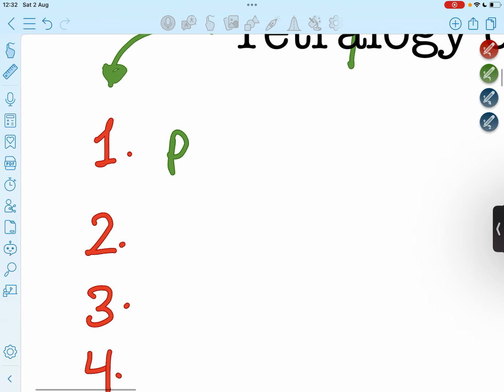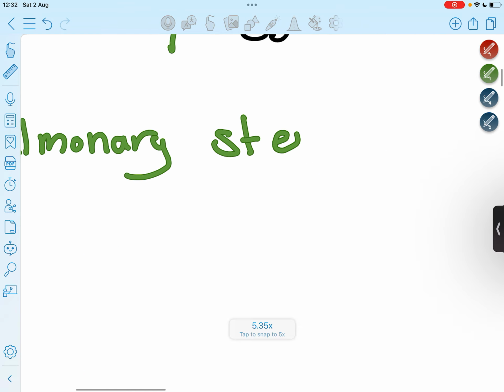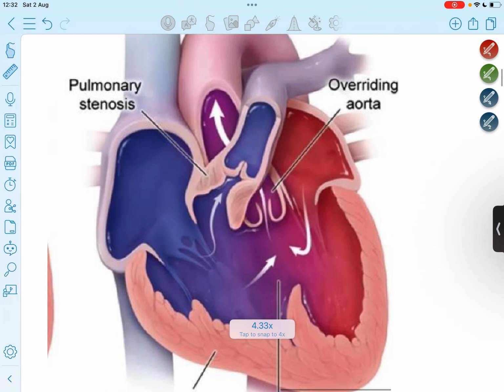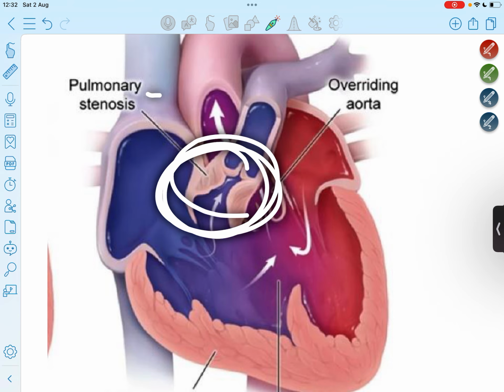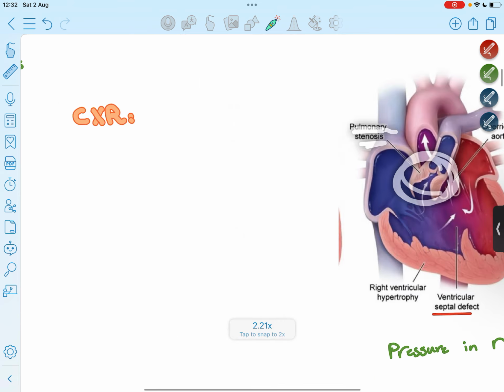The first one is pulmonary stenosis, like here. This is what we call pulmonary stenosis.